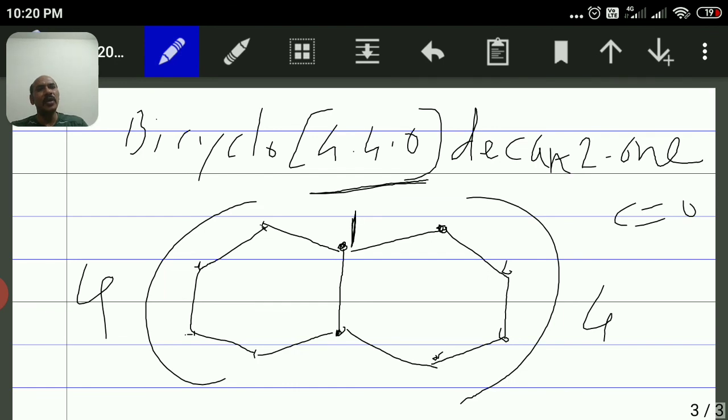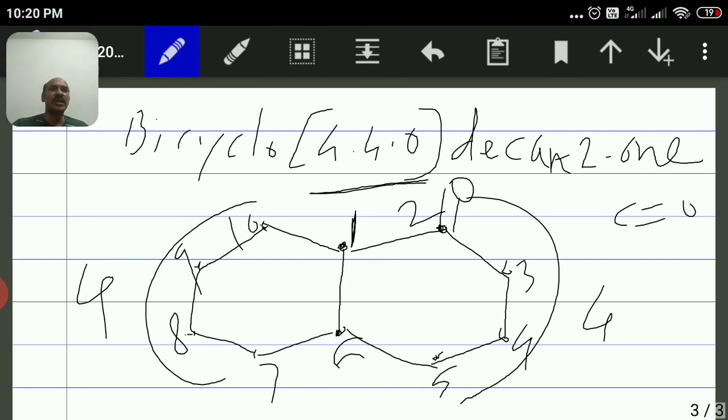I am writing 1 here. You can proceed either to the left or right as the sizes are the same: 6, 7, 8, 9 and 10. And carbon number 2 must have the double bond O. So it is the structure for bicyclo 4,4,0 dec-2-one. You just see how it looks.